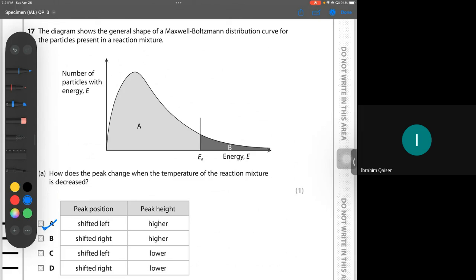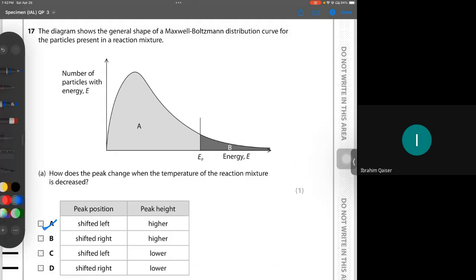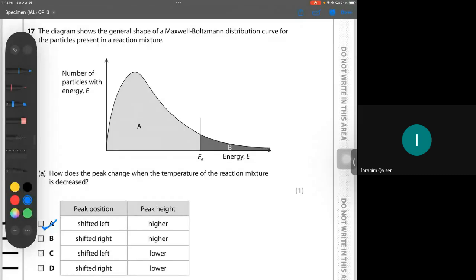Because when the temperature increases, a greater number of particles would have greater kinetic energy. Right now, say only 20 particles are going to react, then at that time we would have 30 particles to do a chemical reaction. So whenever you increase the temperature, the graph shifts towards the right and the height of the curve decreases.